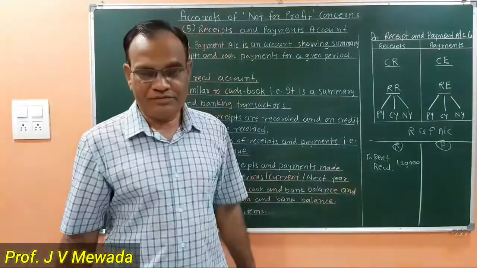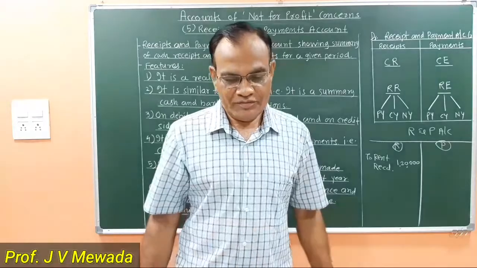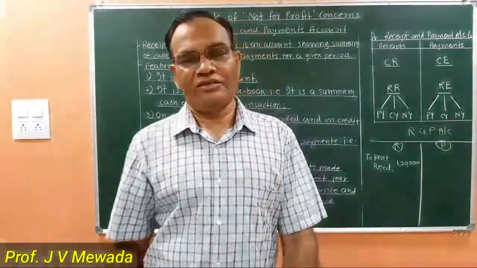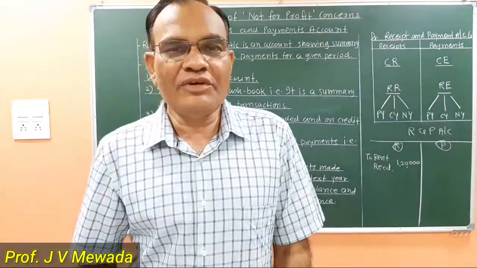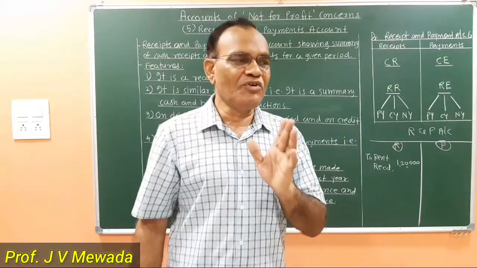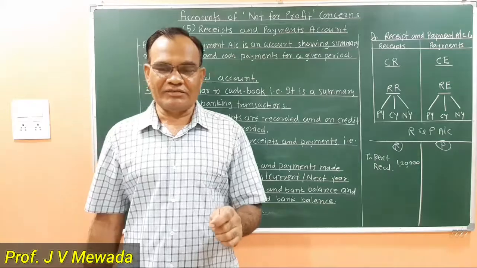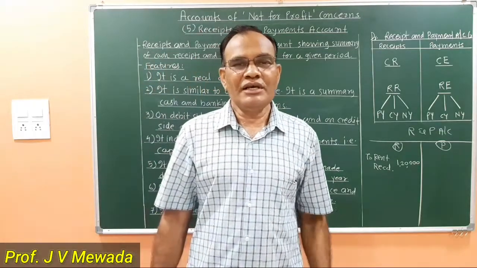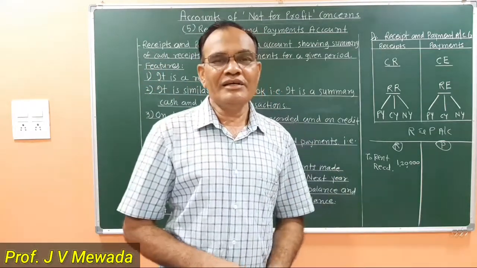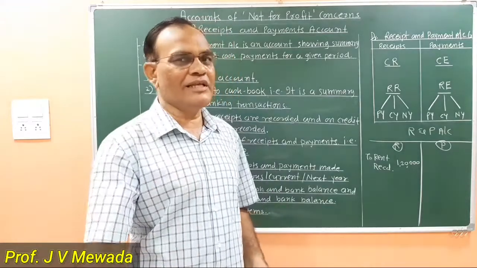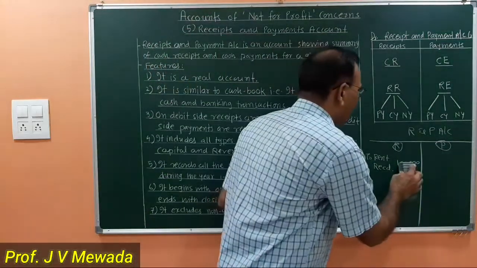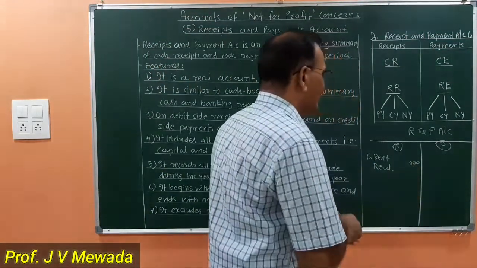Now suppose in this example, we have received rent not for 12 months, but we have received only for 11 months. Then the figure which will be given to us in the receipt and payment account will be 1,10,000, 10,000 each. So the figure will be 1,10,000.